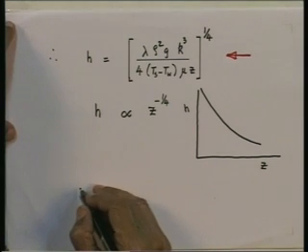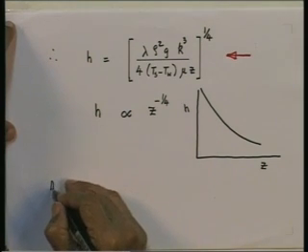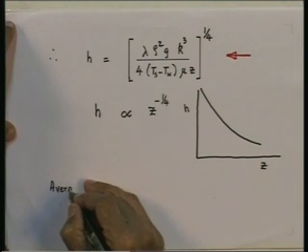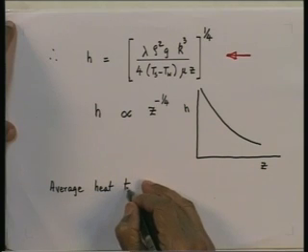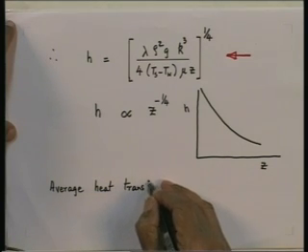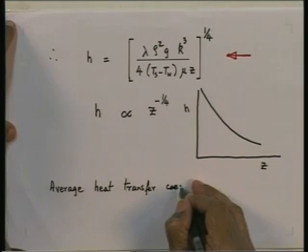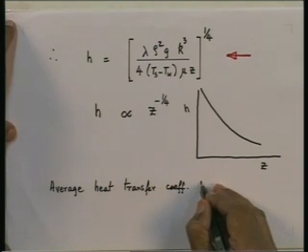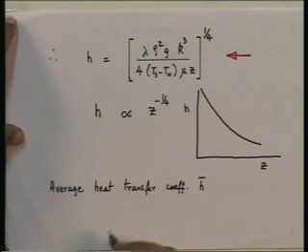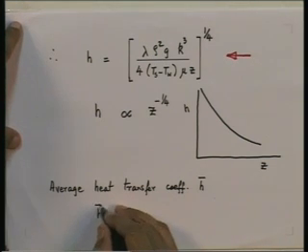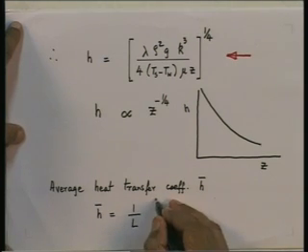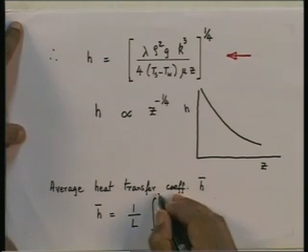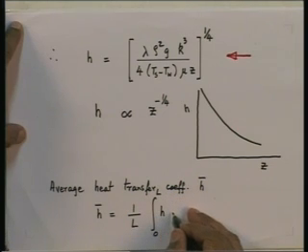The average heat transfer coefficient h bar would be given, quite logically, by h bar is equal to 1 upon L integral 0 to L h into dz.